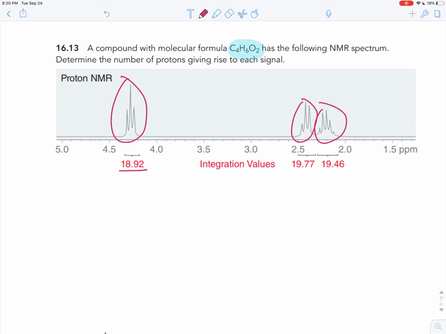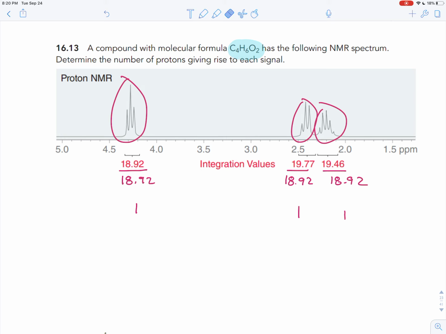It's just a number that the computer spit out when it was comparing them all. So to make them more intuitive, we divide by the smallest one. That's 18.92. And that gives you 1, 1, and 1. If you round them so that you're either getting to the closest whole number or to the closest 0.5, then you'll see that they all are closest to 1.